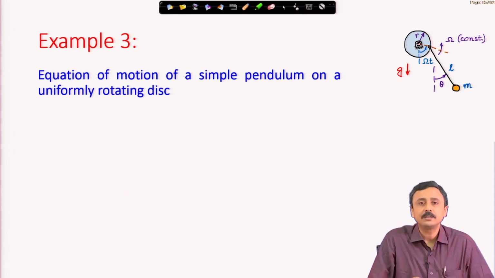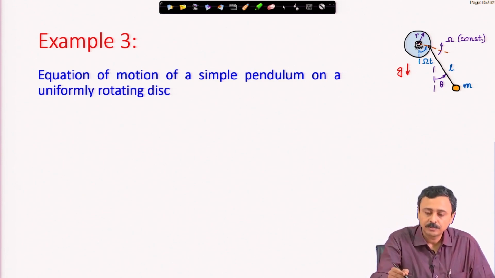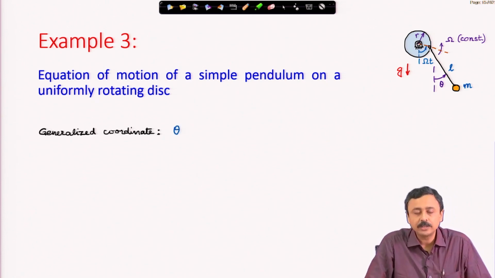The system is in a uniform gravitational field. First, we need to identify the generalized coordinate. There is only one generalized coordinate, which is theta. We can find out the position of the bob given theta and of course time.